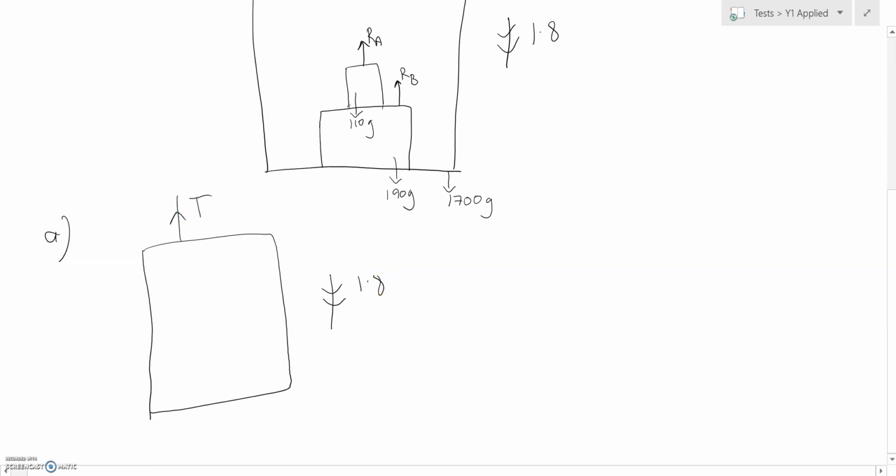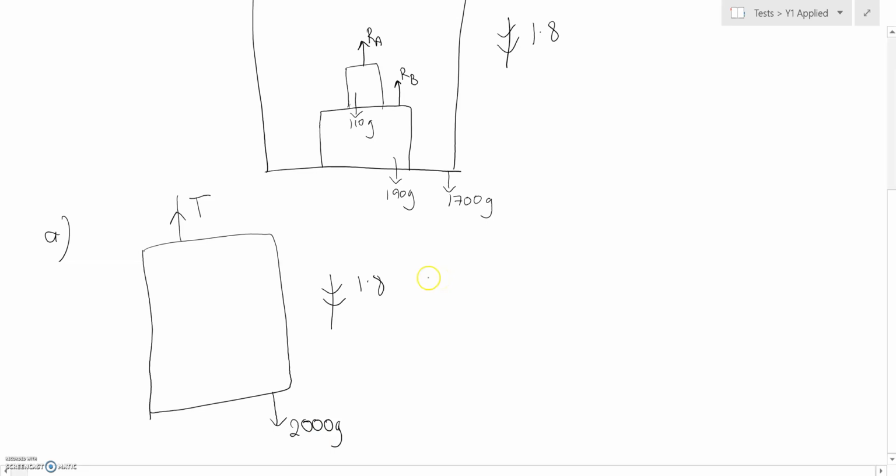It's being pulled up by a cable, and the total weight of this whole system is 2,000 G. This is when you combine all the particles together, like in a pulleys question or a connected particles question. They've got a total weight of 2,000 G, and they're all accelerating downwards at 1.8 meters per second squared.